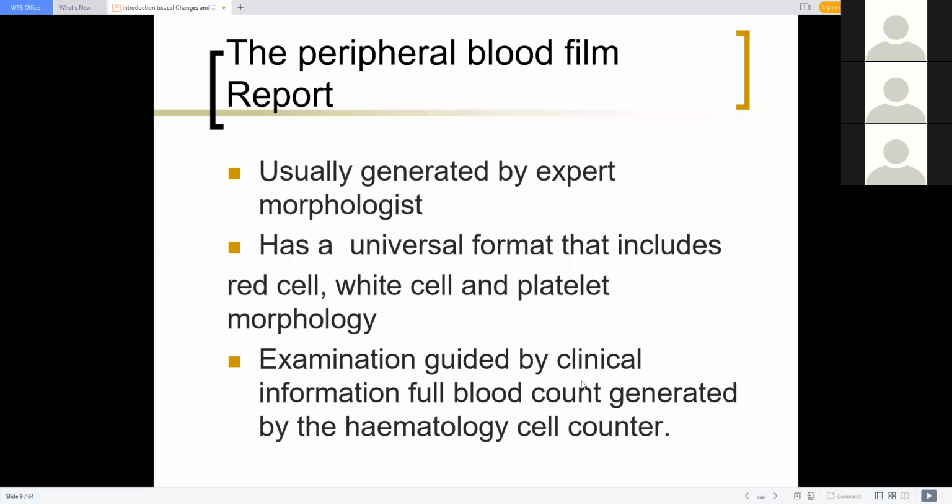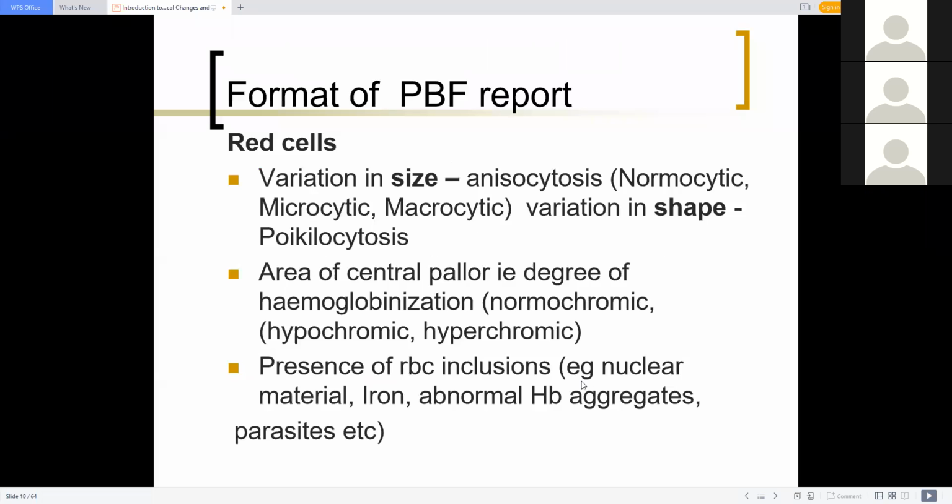If you go to the hospital, almost every inpatient at Kenyatta National Hospital will have a total blood count and a peripheral blood film report within their medical records. So I'm going to start now introducing some of the terms that we use to describe the red cells.